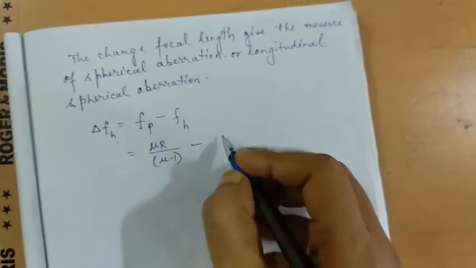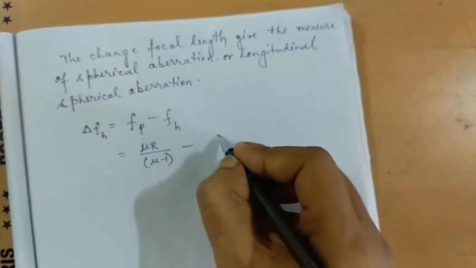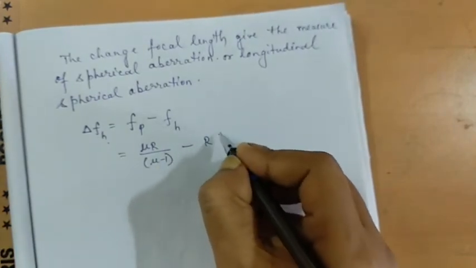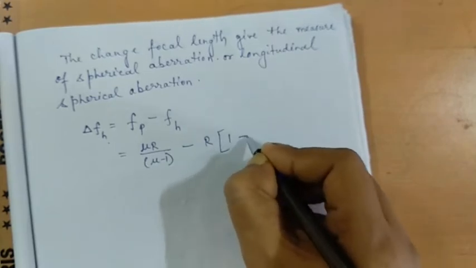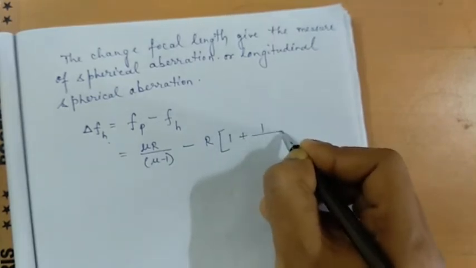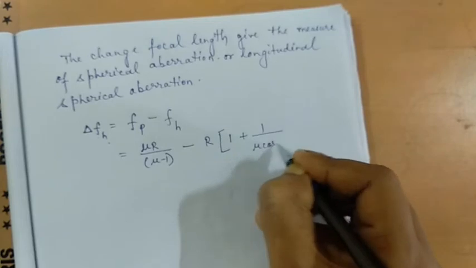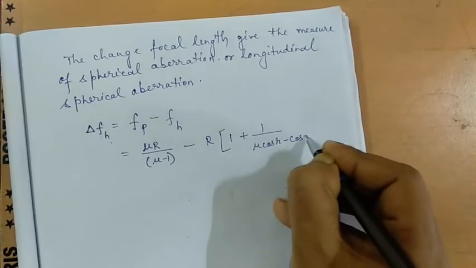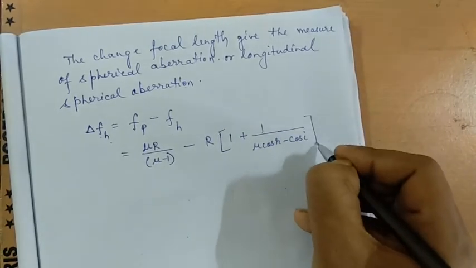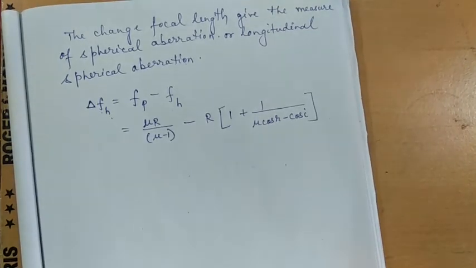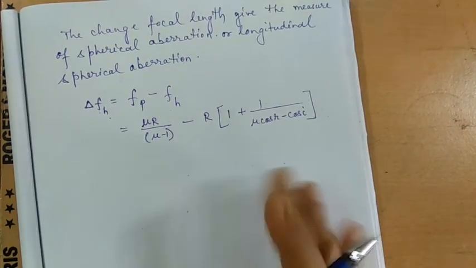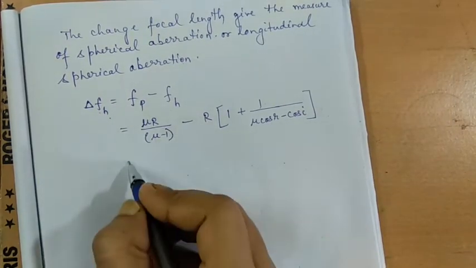Put this value here: r into 1 plus 1 by mu, cos r minus cos i. So these two values are substituted over here. Now we are going to solve these two terms.